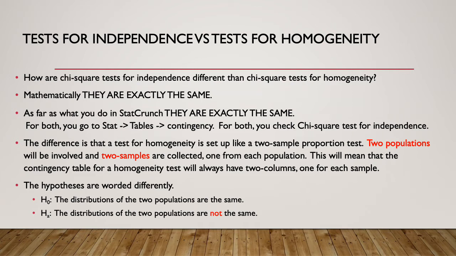All of your hypotheses for tests for homogeneity will look like this. You might specify what the two populations are, male versus female, Republican versus Democrat, whatever it might be, but you will word the hypotheses this way. All right, let's look at an example.